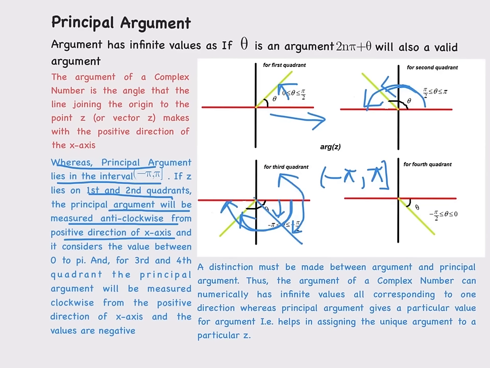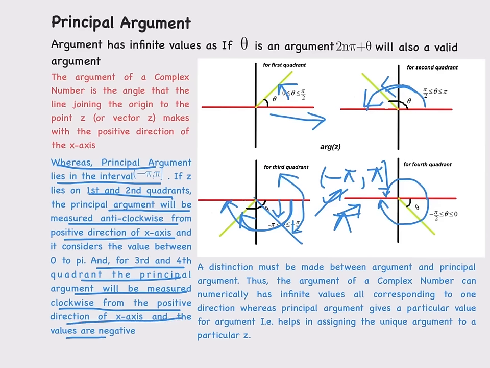So you can see that the negative x-axis makes both minus pi and pi angle, but we take pi as the valid argument of the negative x-axis, as the principal argument interval includes pi but doesn't include minus pi. So for the third and fourth quadrant the principal argument is measured clockwise from the positive direction of x-axis and the values are negative.